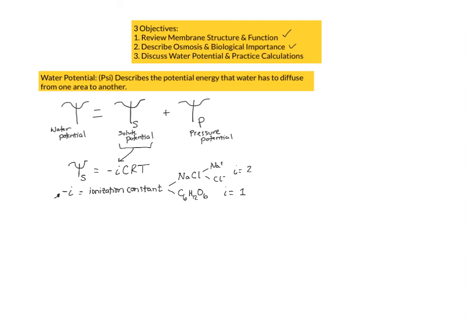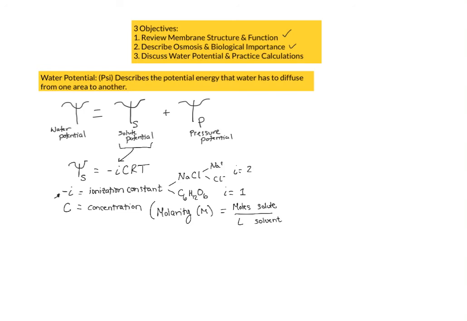Okay, now the C, capital C, is going to represent concentration. All right, and if you've taken a chemistry class, you know that concentration is often measured in molarity, or capital M. And molarity is calculated by thinking about the moles of solute divided by the liters of a solvent.